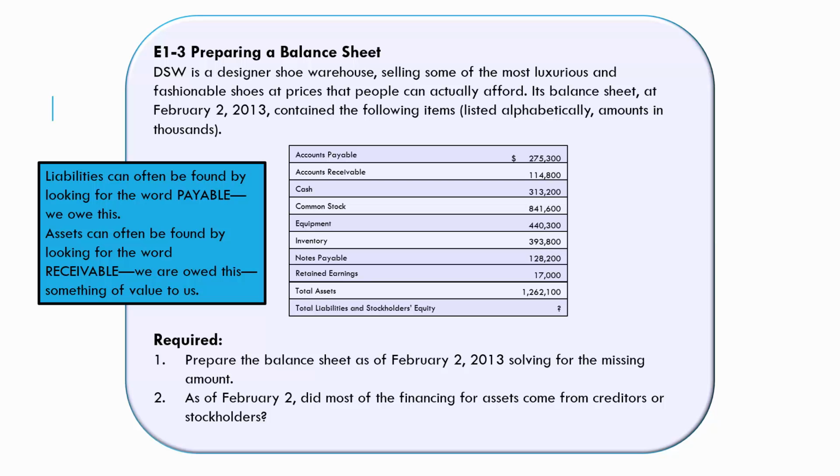The last thing they ask of us is, did most of the financing of assets come from creditors or stockholders? So when we look at the balance sheet, we're going to see assets, and the other side to assets in the accounting equation is liabilities and equity. If it came from creditors, it shows up in liabilities, and if it comes from stockholders, we're going to see it in our equity section.